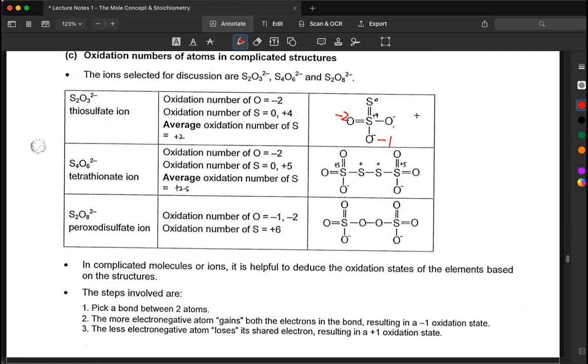O-, -1. Here 0. So for this sulfur here, the total is -2, -1, -1, which becomes -4. So to balance, this will be +4. Then the sulfur on top is bonded to sulfur here, so 0. So 4 plus 0 divided by 2 gives you +2.